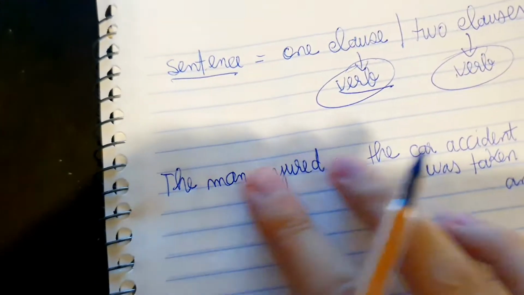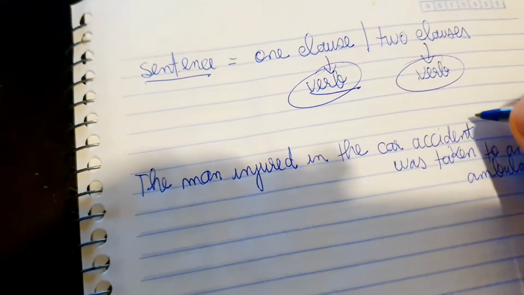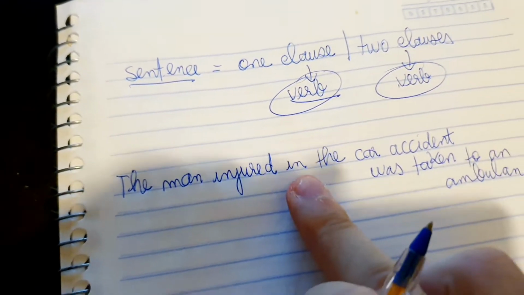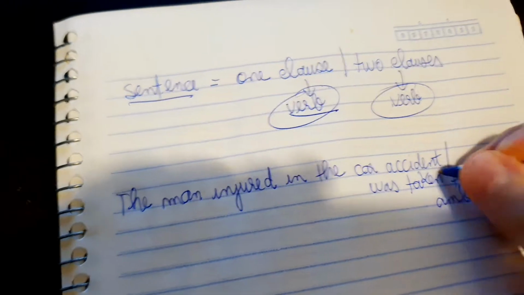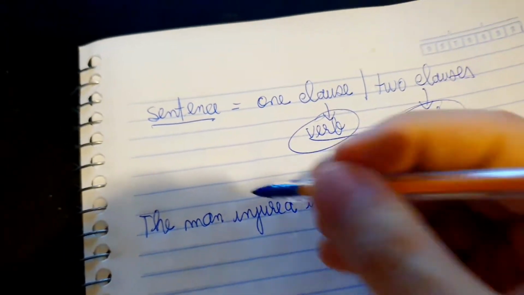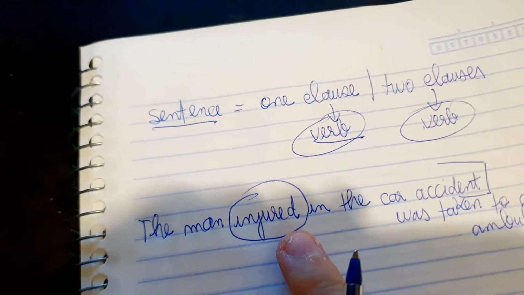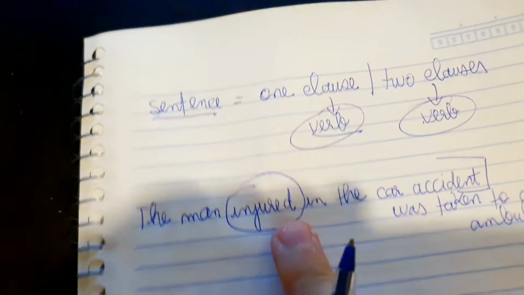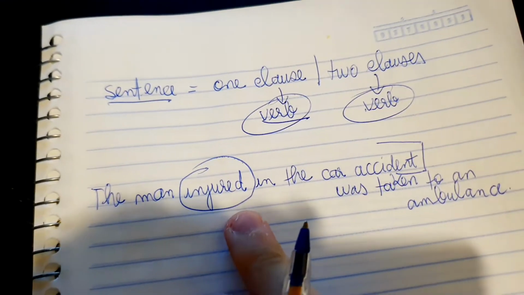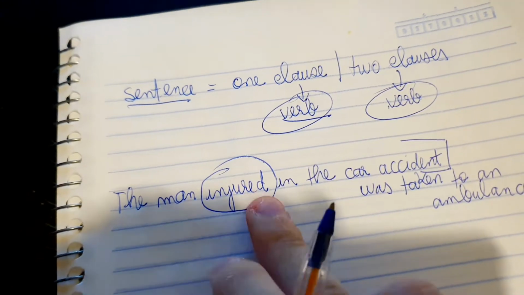So we have here one big sentence, right? And we will understand that the man injured in the car accident is one clause. The man was injured in the car accident. We would say that this is a passive voice, right? Because the subject is not the doer of the action.